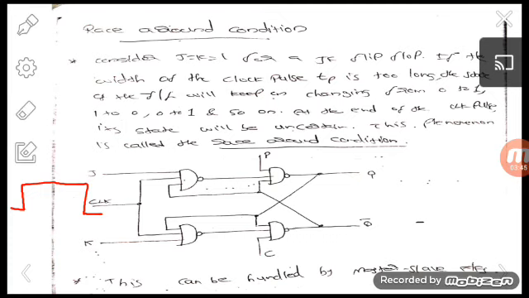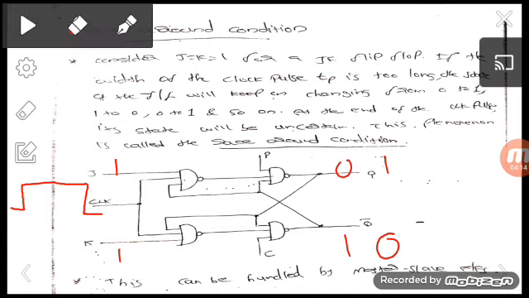Suppose J is equal to 1 and K is equal to 1 and Q is equal to 0 and Q bar is 1. This is the present condition. After applying the clock pulse, considering a positive edge triggered flip flop, at the time of the first edge the output of the flip flop will toggle. Q will become 1 and Q bar will become 0.